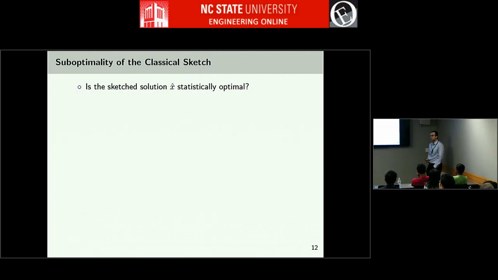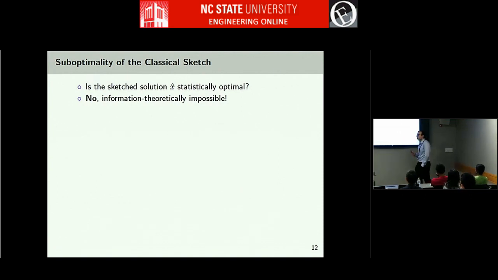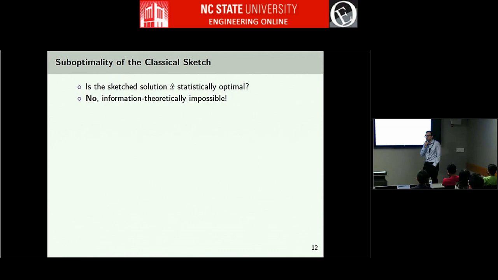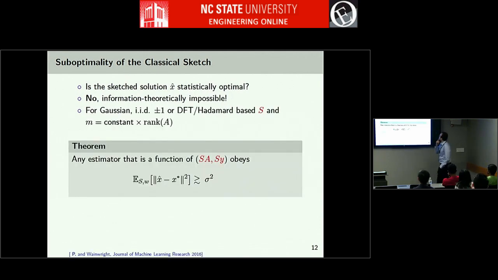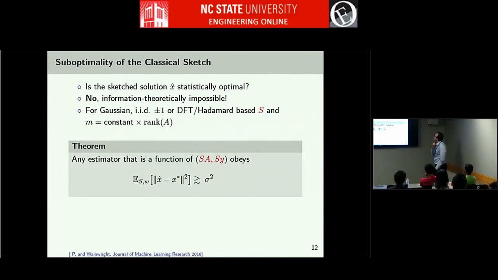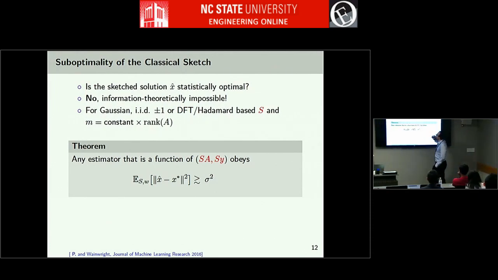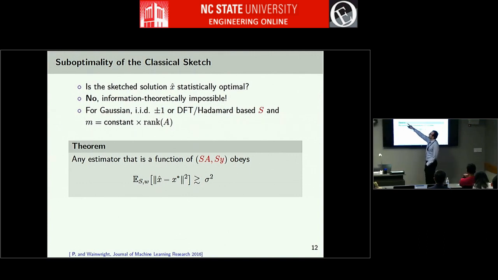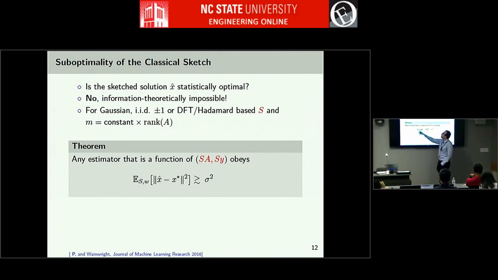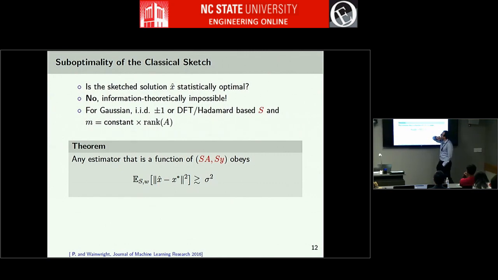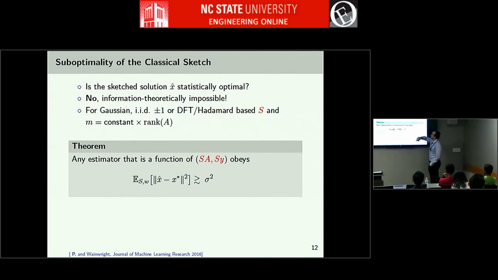It turns out that it is suboptimal. And it's information theoretically impossible to get an optimal estimator after sketching. So here's a theorem. For IID Gaussian or Fourier transform-based sketches, if you choose the dimension m, the dimension you sketch to, as a constant times the rank, then the prediction error is always lower bounded by the variance, which is a constant.